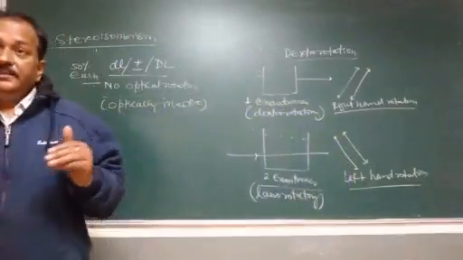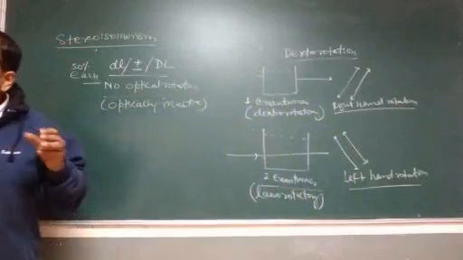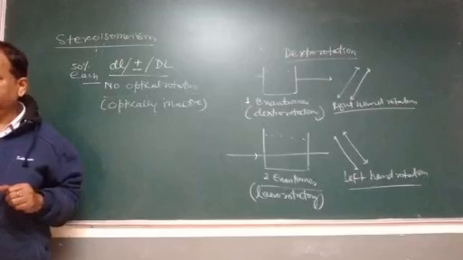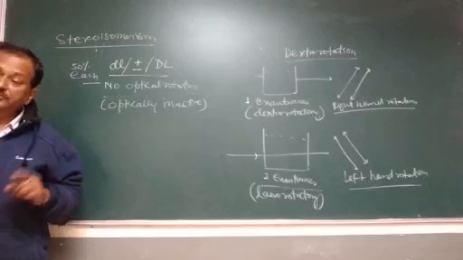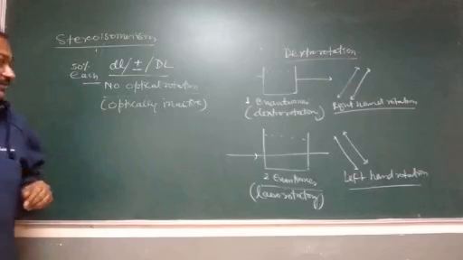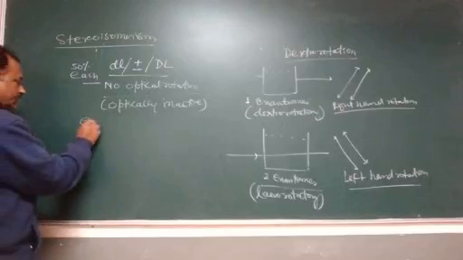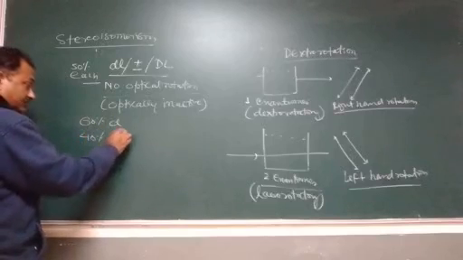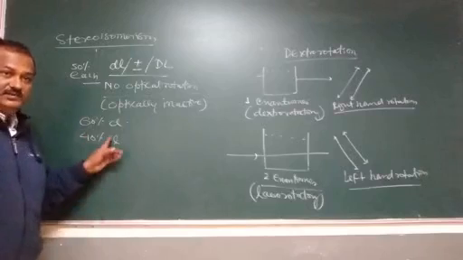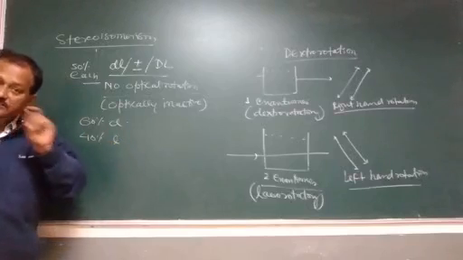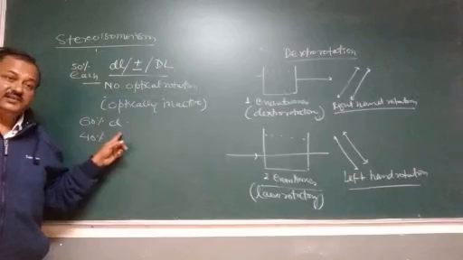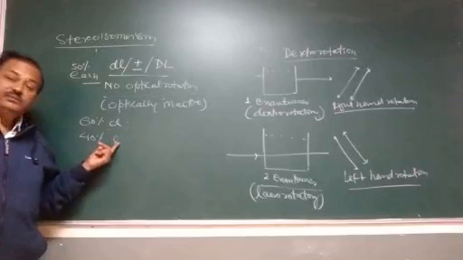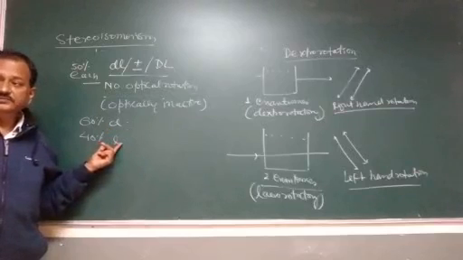And if the percentage is slightly different, say 60% D and 40% L, the D will dominate. Slightly it will be more toward the right side, and the other will be unable to express its rotation.